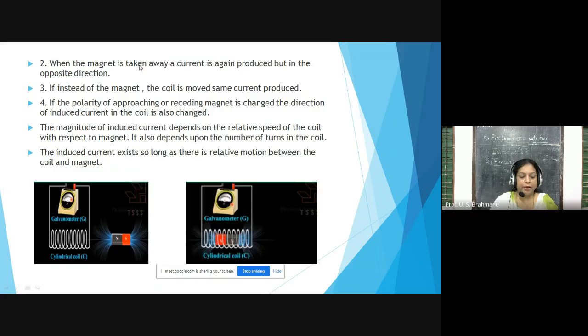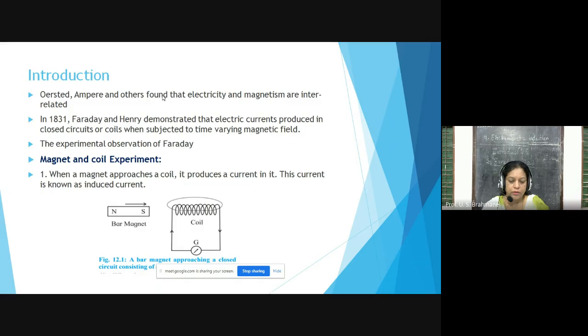When the magnet is taken away, a current is again produced, but in the opposite direction. Now we saw two cases: once the magnet is taken closer and once the magnet is taken away.